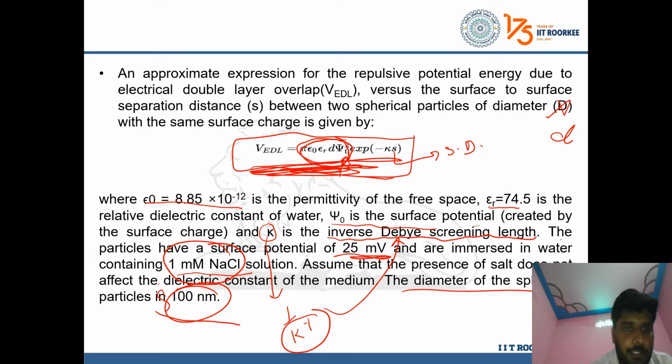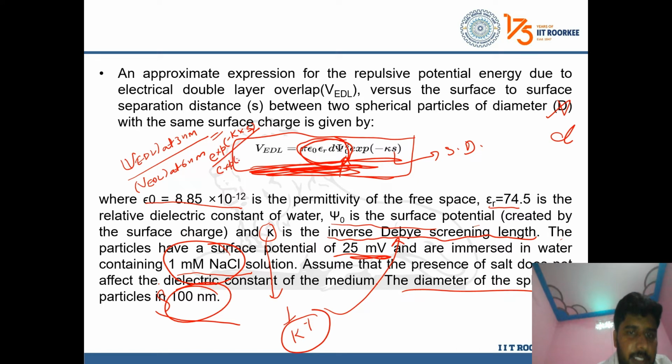So if I write V_EDL at 3 nanometer and V_EDL at 6 nanometer, and take the ratio, these terms will be cancelled out, and you will only get the exponential of minus k s1 divided by exponential of minus k s2.